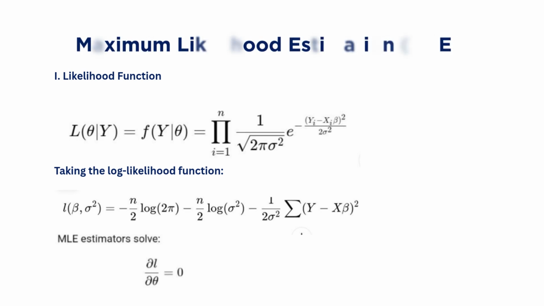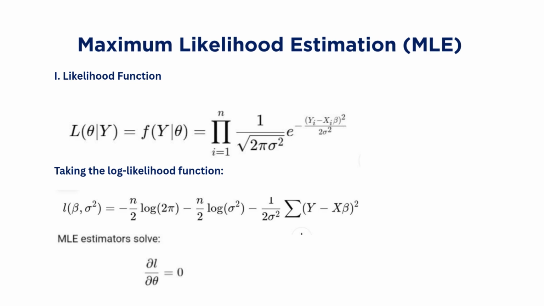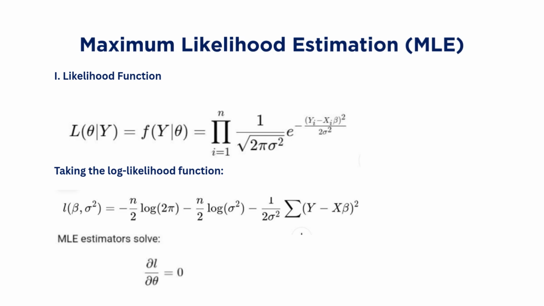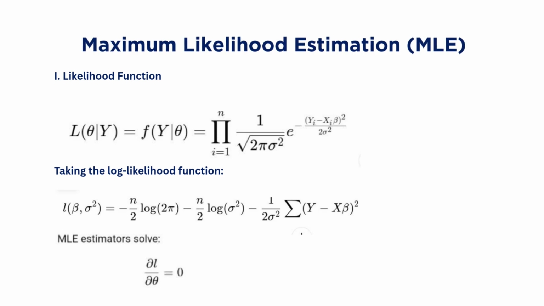Now maximum likelihood estimators, MLE. The likelihood function L of theta given y is equal to the function of y given theta, which is the product over i equals 1 to n of 1 divided by the square root of 2 pi sigma square, e to the power minus (yi minus xi beta) whole square divided by 2 sigma square.